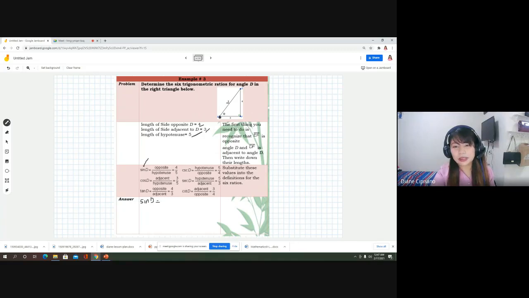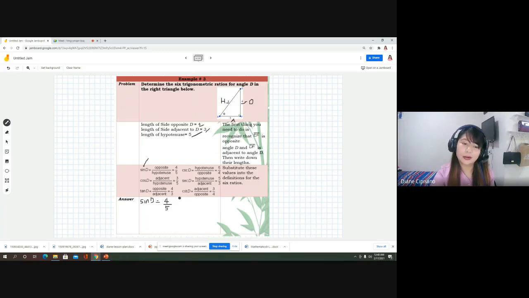Your opposite here is 4, your hypotenuse is 5, and your adjacent is 3. So now you can easily write the 6 trigonometric functions. For our sine D, your opposite is 4 and your hypotenuse is 5.